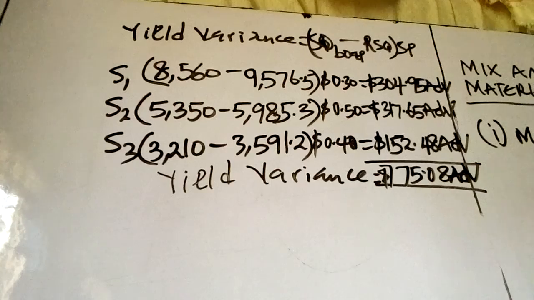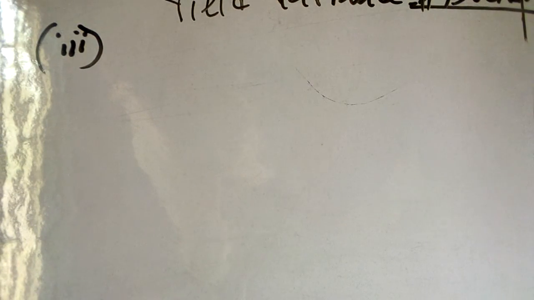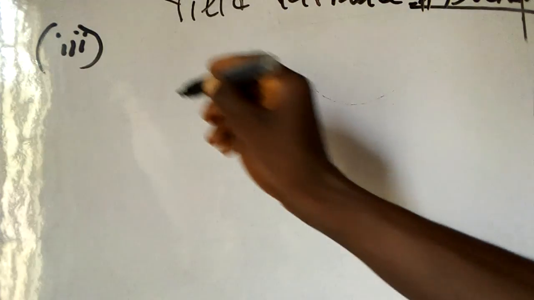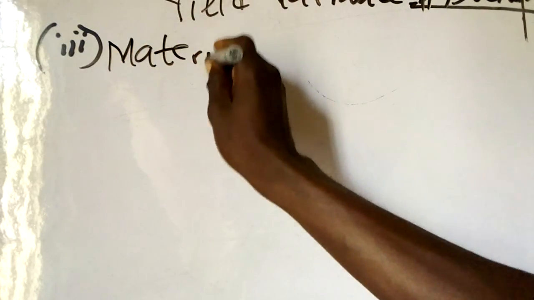Then you are also asked to calculate the material usage variance. Number 3. I've told you from my previous lecture that the sum of the material mix variance and material yield variance will give us the material usage variance.